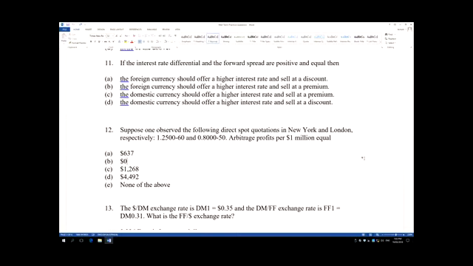Because I'm getting more of it in the forward market. So what's the answer going to be? The answer will be D, right? So the interest rate will be higher in the domestic country, so that'll be forward on the interest rate differential, and the domestic currency will sell at a discount. That will be this part, positive. Okay.